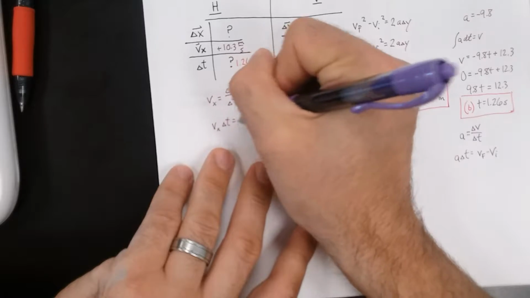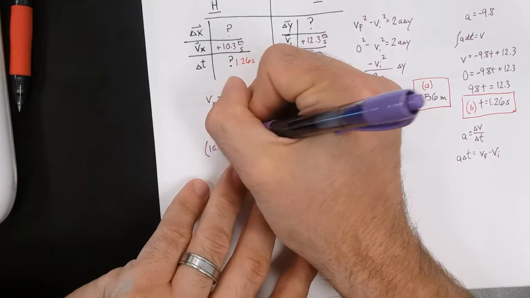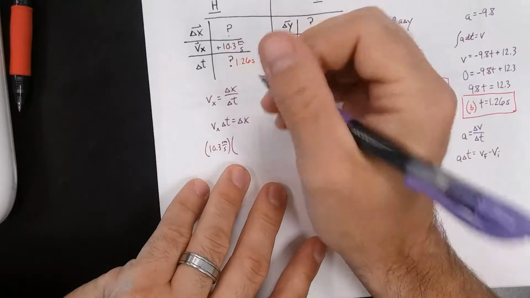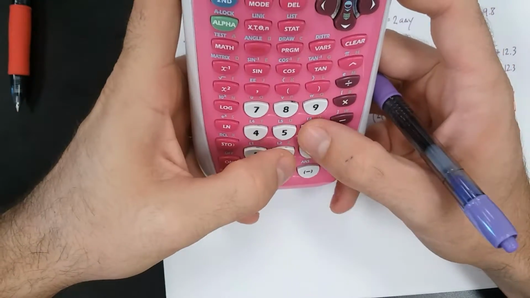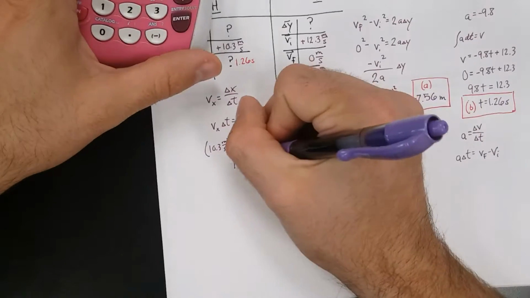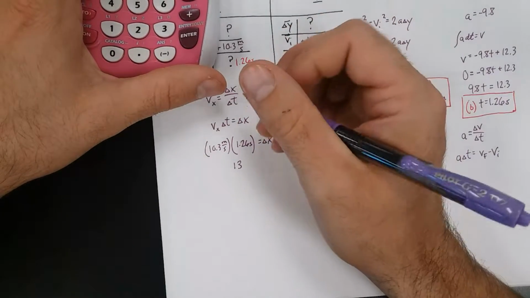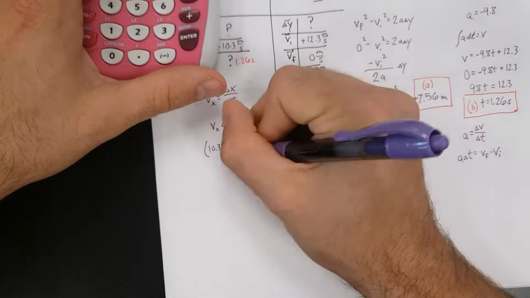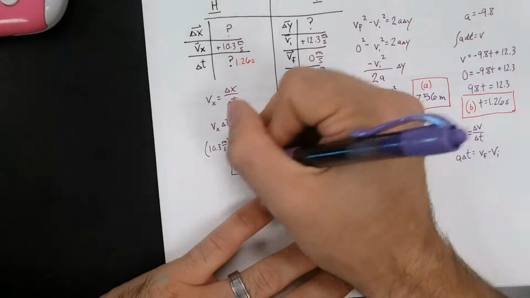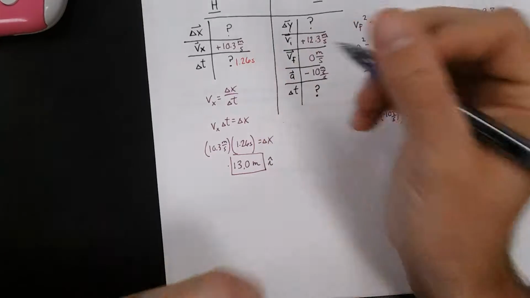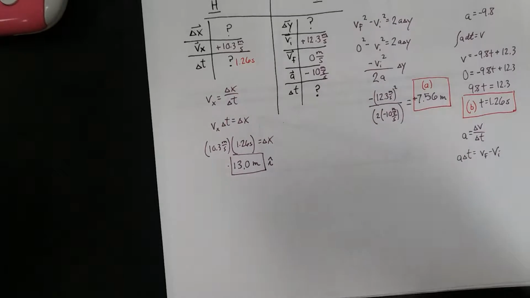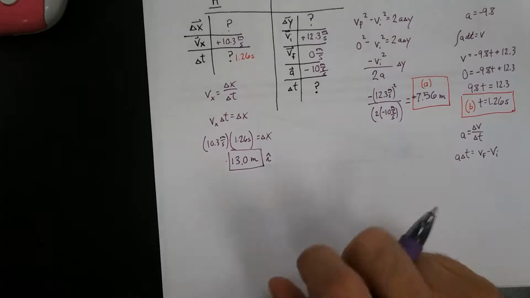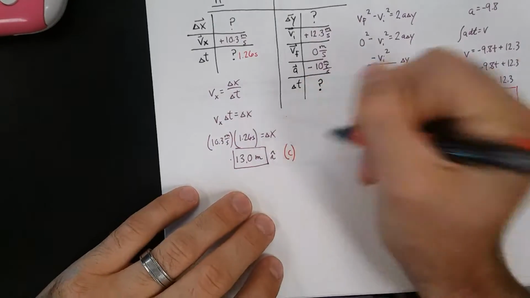Vx multiplied by delta t equals delta x, or 10.3 meters per second multiplied by 1.26 seconds equals delta x, or a nice displacement of 13.0 meters. And you could say in the positive direction, I could say i to denote that that's the horizontal displacement. Totally good. What is the velocity of the marble at its highest point? So let me just note that that's the answer to C right there.